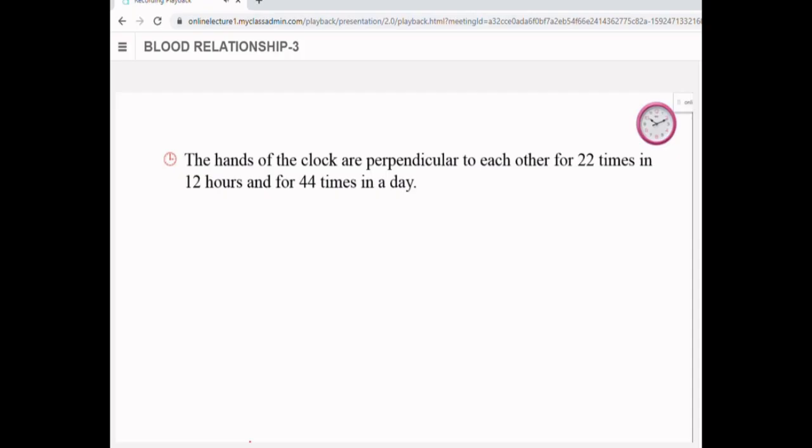Think of 12:50. I'll draw here and show 12:50. Not exactly at 12:50, mind you. Just after 12:50 or somewhere around there, it will again be perpendicular.